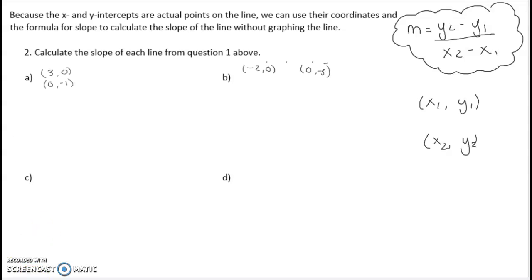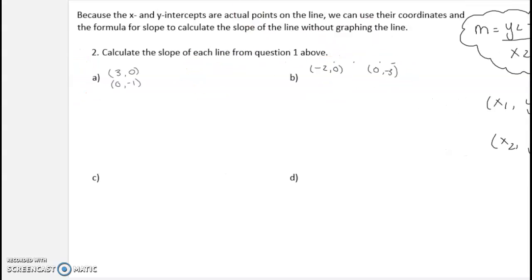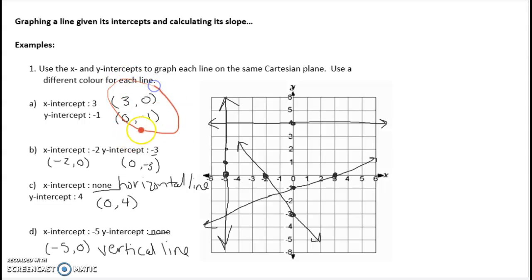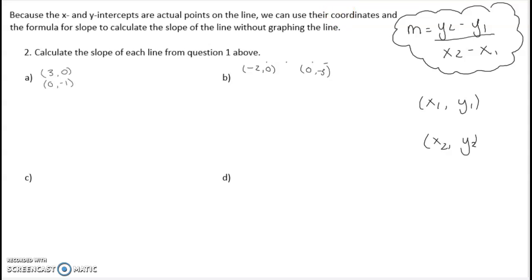Okay, so I just grabbed these points from here. So this was A and this was B. Now we're going to use our formula. So M equals, let's call this one x1, y1, and we'll call this bottom one x2, y2.